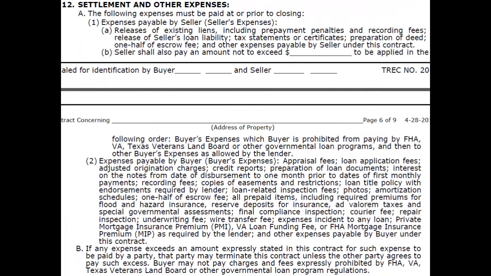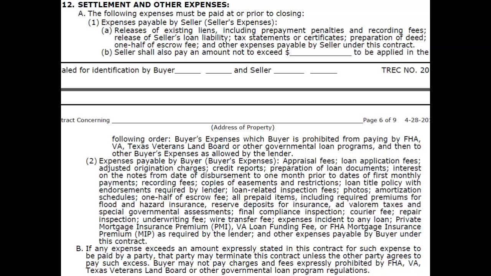Paragraph 12, settlement and other expenses. This paragraph is broken down into two main parts. You've got A, which is expenses that must be paid at or prior to closing, and then you've got B, which is a way that the contract can be terminated because of some fees. Inside A, you've got two sections.